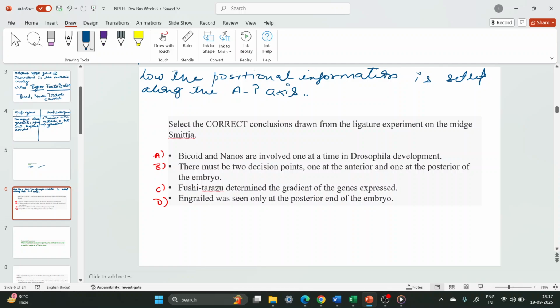In contrast, Drosophila relies heavily on bicoid at the anterior, while Smithia shows more distributed control.